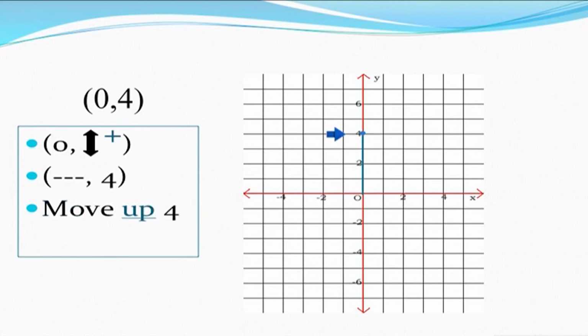Then 4 as the y coordinate is positive, so we move up by 4 points on the y-axis, and the point is (0, 4). We can see it lies on the y-axis. So we conclude that when the x coordinate of any point is 0, the point will lie on the y-axis.